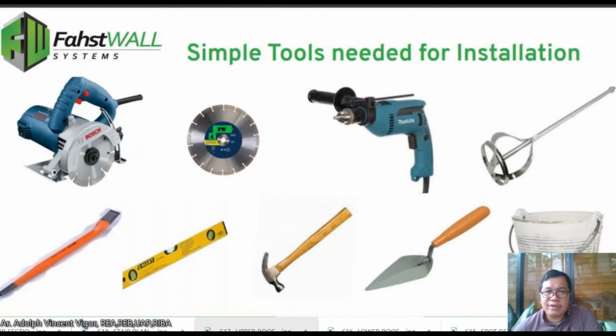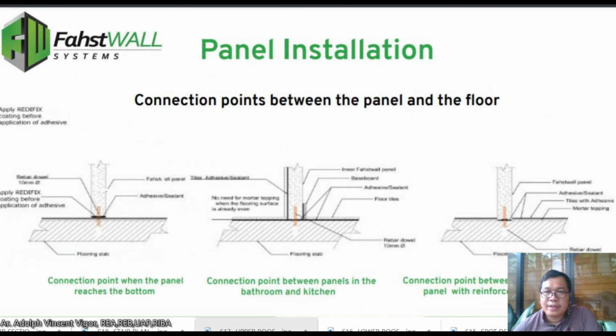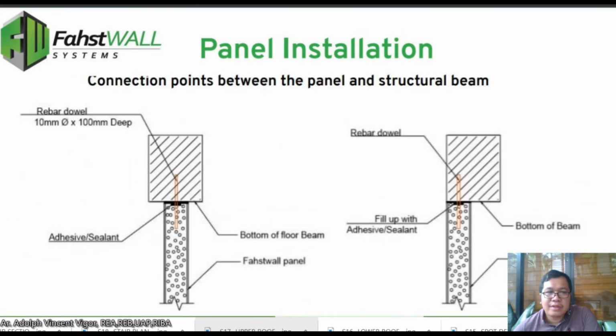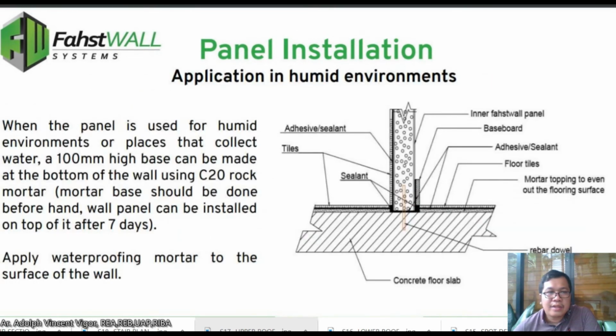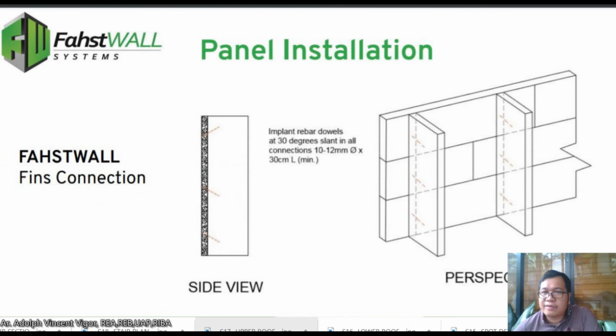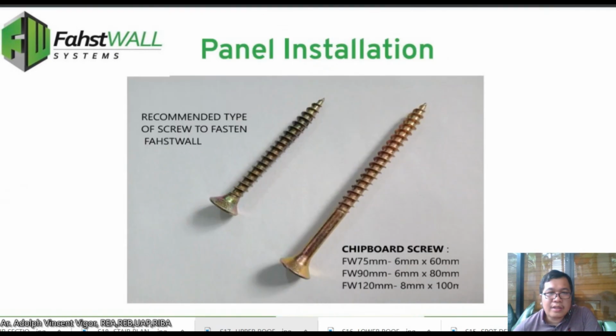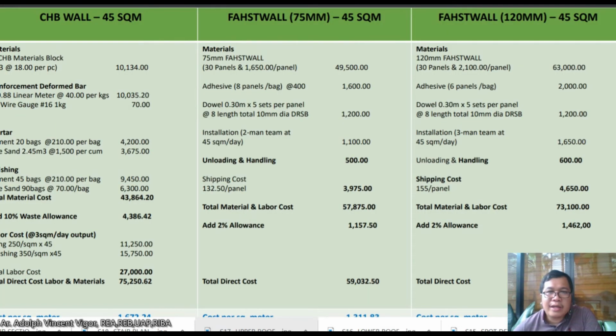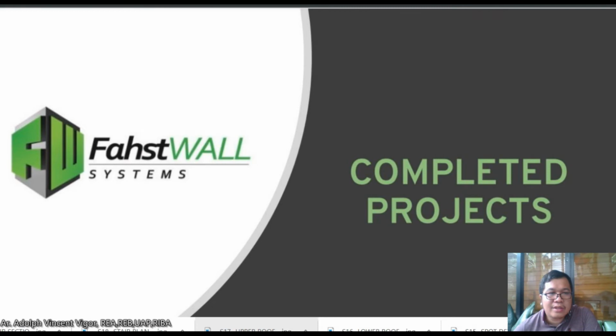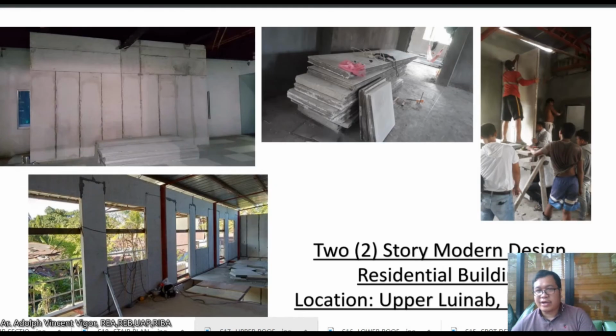Okay, so let me show you the tools that are needed. So you just need these tools in the installation. Okay, so let's just move. Okay, panel installation. Okay, so here, class, I think it's better if you see in actual what it would look like.